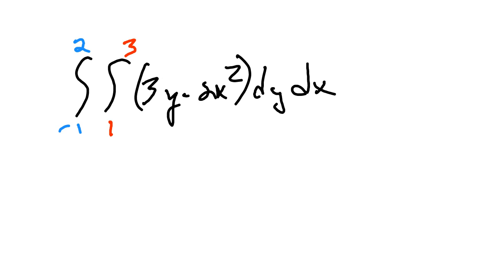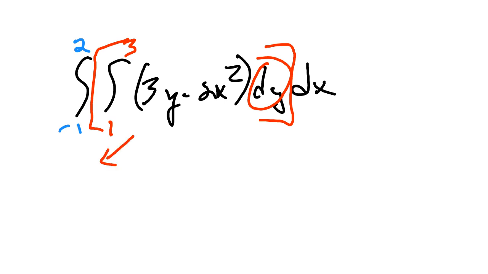So the reality is I am calculating this antiderivative first. Remember, if it has a y in it, that's my variable when I'm taking the antiderivative with respect to y. Otherwise, it would be considered a constant. So let's do the red first. And what would we get? We would get the antiderivative of 3y with respect to y is 3y squared over 2.